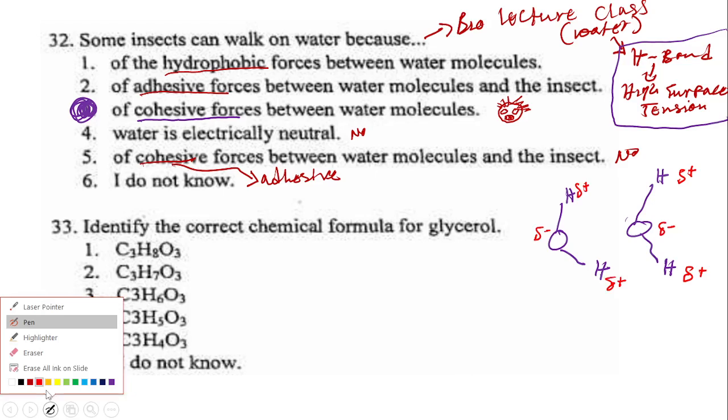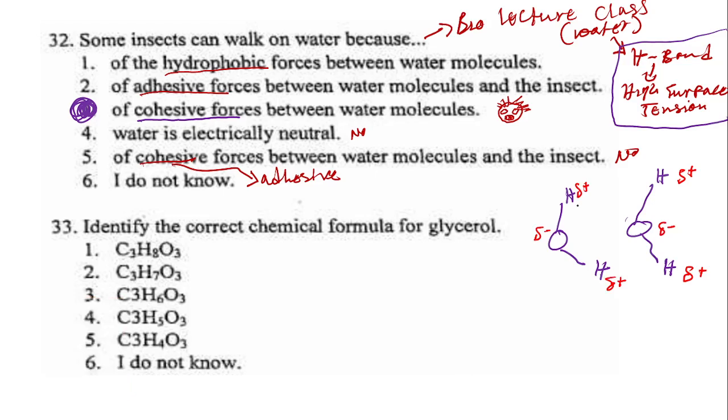Now, what will happen is that there is a bond which exists between these two molecules, like that. Again, this oxygen is capable of making another bond, then automatically this one will also be linked to another water molecule.